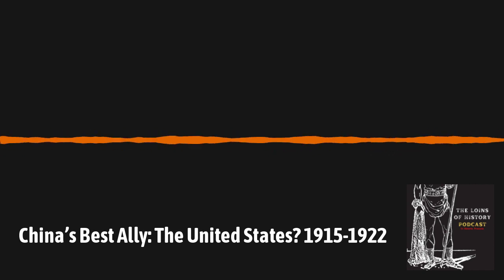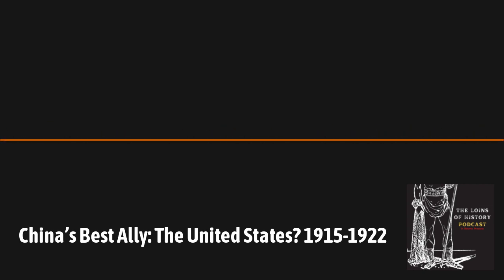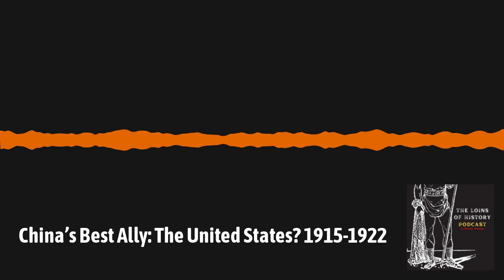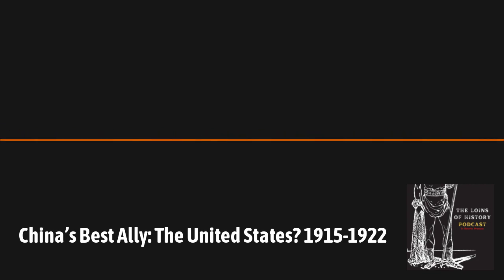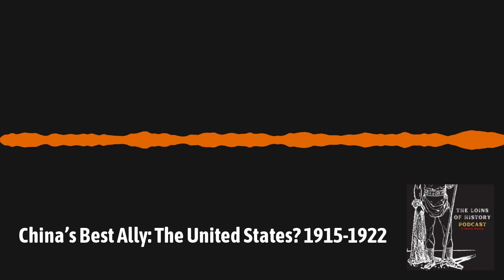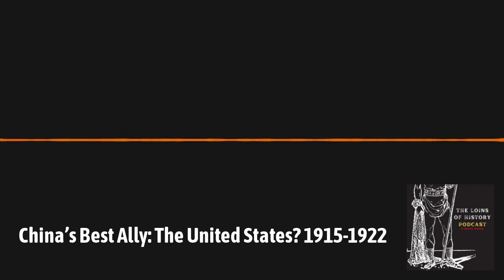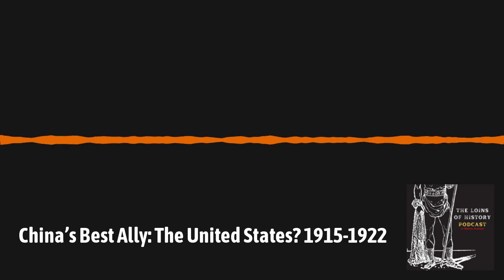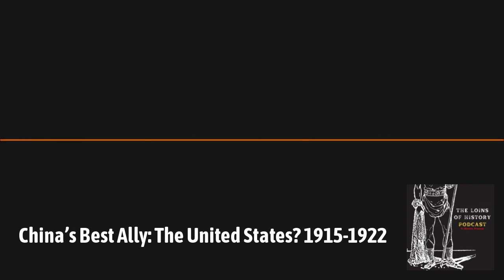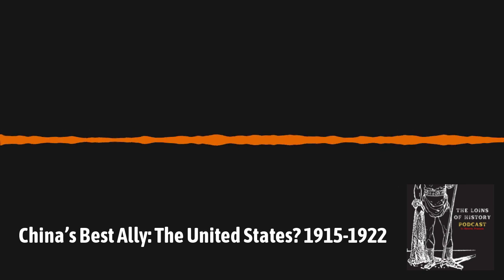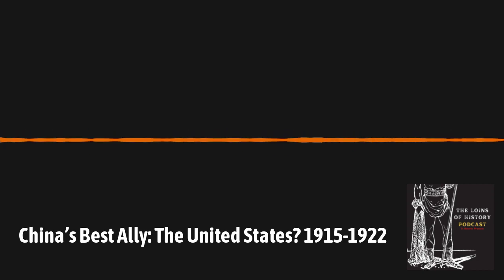And these 21 demands were super controversial. You can break them out into 5 different groups. So we're not going to talk about each of the demands individually, but they're worth talking about a little bit just so we can see how Japan viewed its role in Asia and the Pacific at that time, and what they were looking at doing in China.